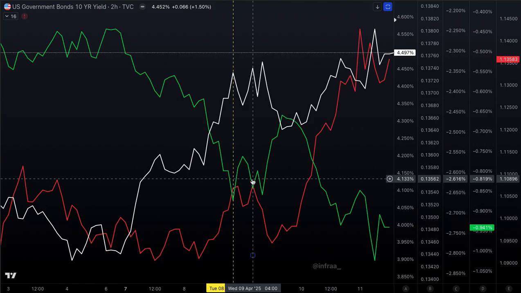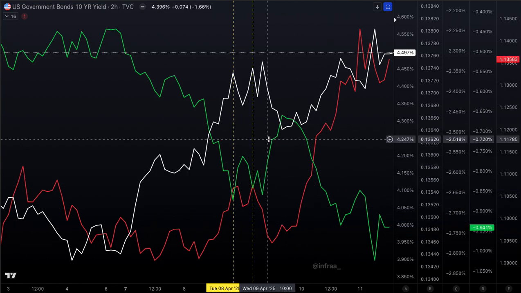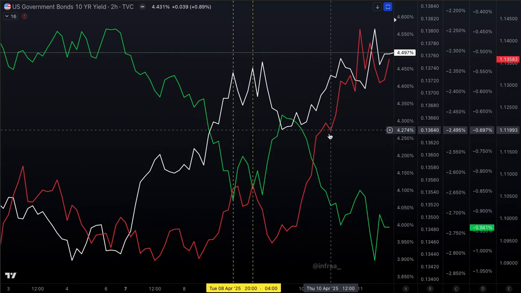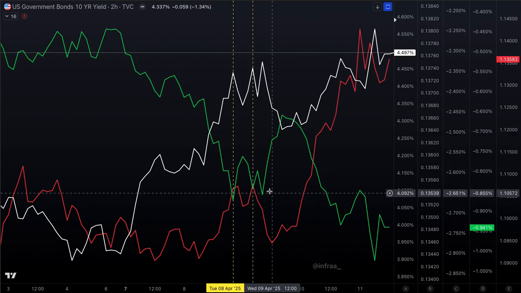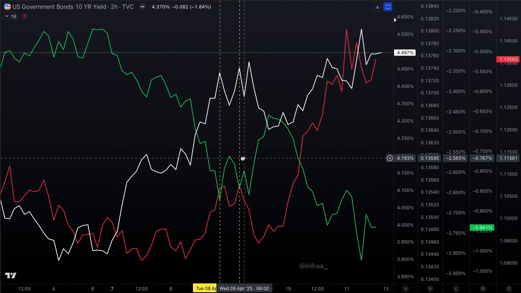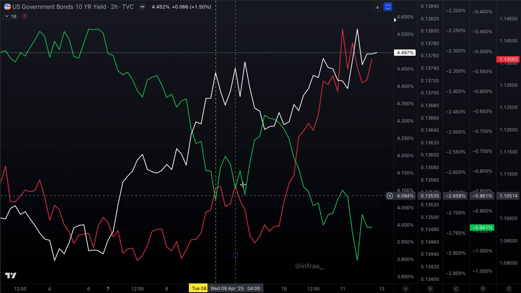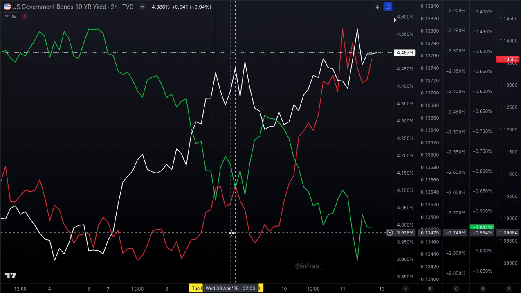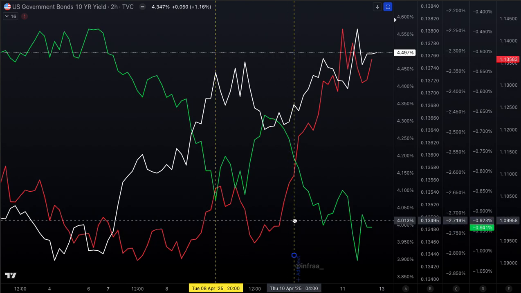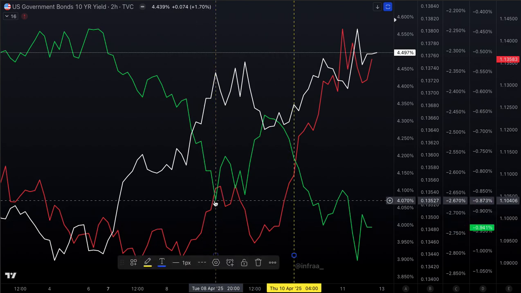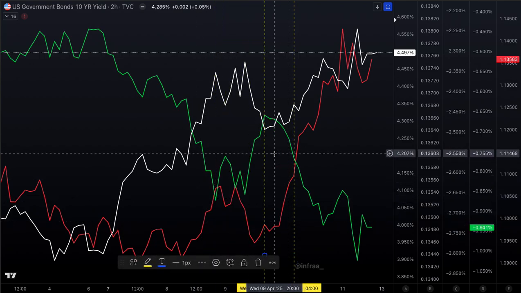Euro is in red, and the interest rate differential is in green. So these should follow the same correlation. It's hard to say exactly when the divergence started. You could pick this general range here, which would have been Tuesday, so Wednesday, European time. But it certainly was diverging here, in between here.